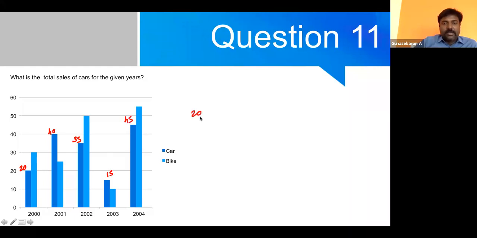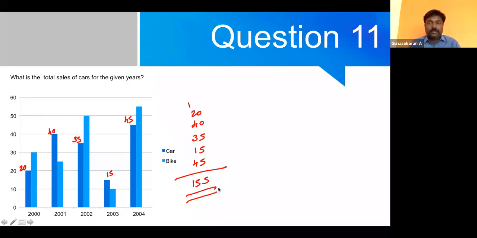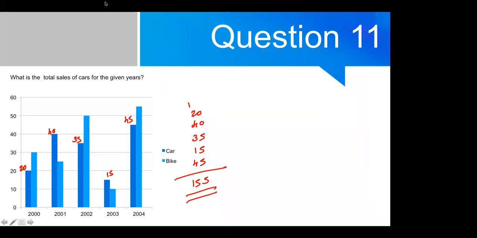That's all. 20, 40, 35, 15, 45. Okay, total sales of the car. So we just need to represent the value and take the value.